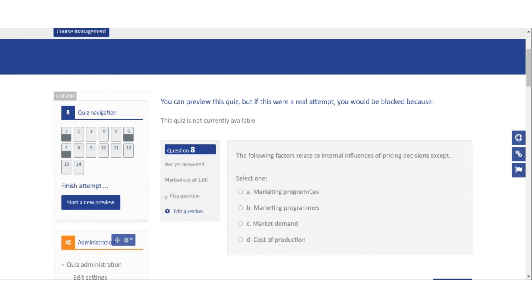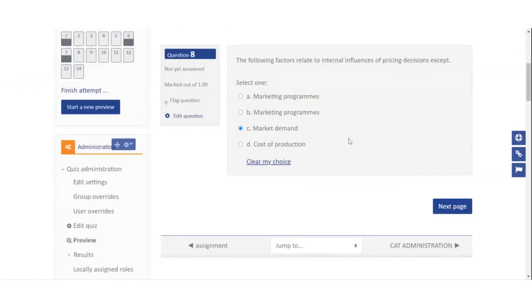Marketing programs, marketing outcomes, market demand, production costs. The correct answer is market demand. Market demand is an external influence.